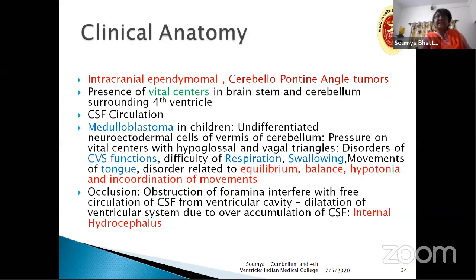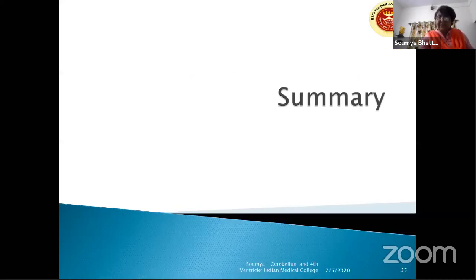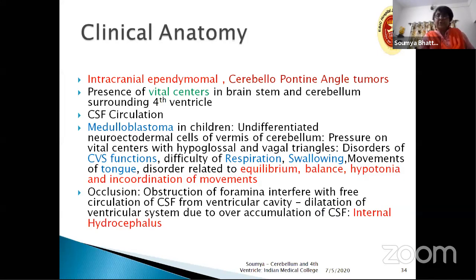The fourth ventricle is concerned with CSF circulation through the foramen of Magendie, foramen of Luschka, through the cerebral aqueduct with the third ventricle, and also with the lateral ventricle. Therefore, there is CSF circulation. Now, medulloblastoma we have just dealt with in the cerebellum.